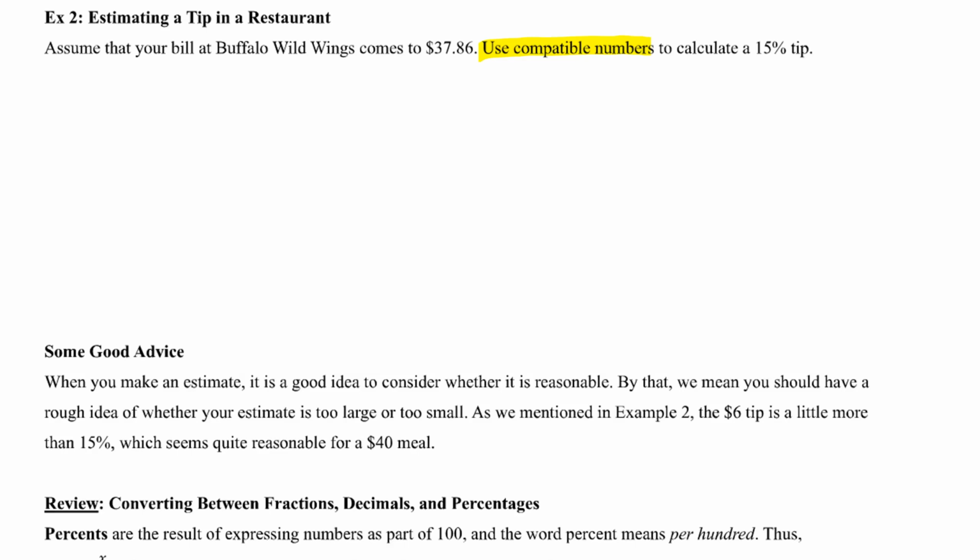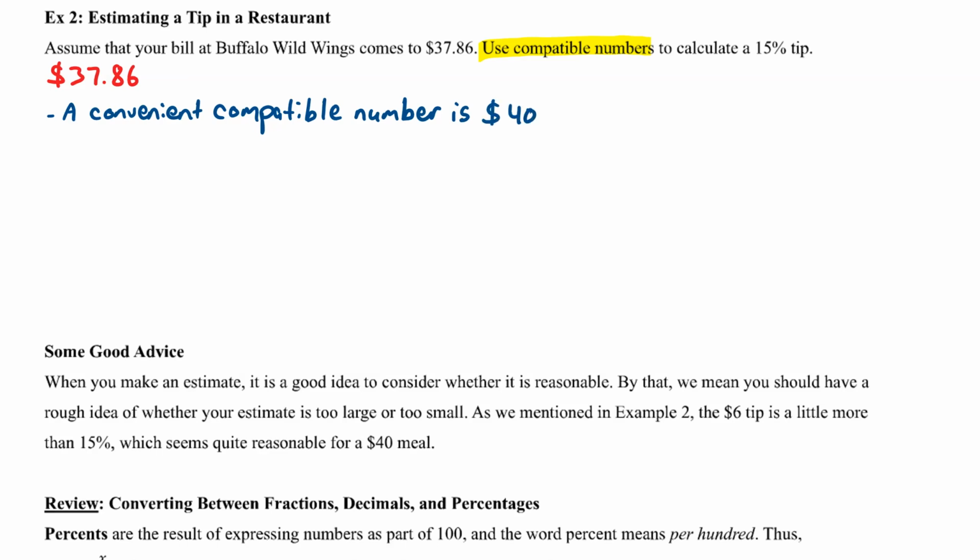So if we focus on that 86, a convenient compatible number that's relatively close to this would be, if we went up above this, $40. And we can keep that tip at the 15%.